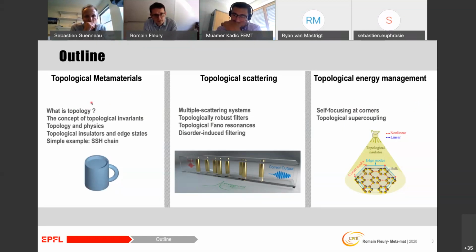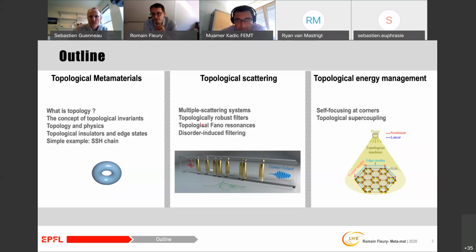After that, we will talk about topological scattering, meaning that we send waves and they scatter by exciting a topological mode. We'll see how this can be applied to make filters and explore in what sense these filters are robust to geometrical imperfections or other kinds of imperfections.